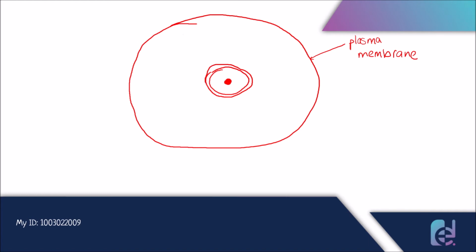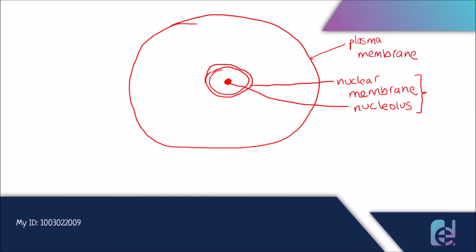The outer covering is the nuclear membrane. The inside is the nucleolus, and these two combined make the nucleus.